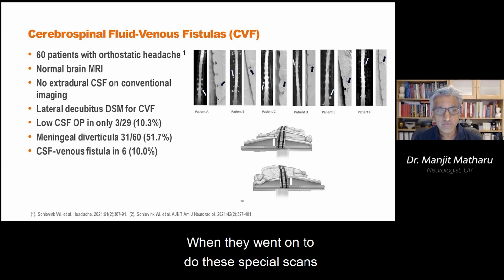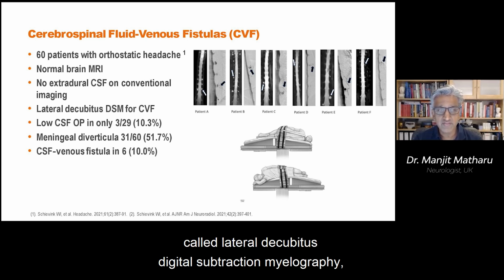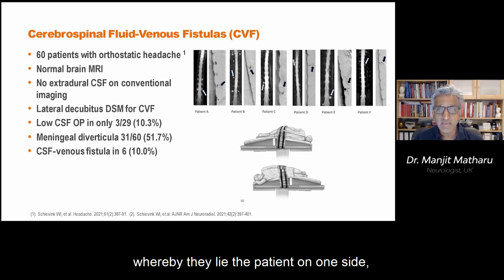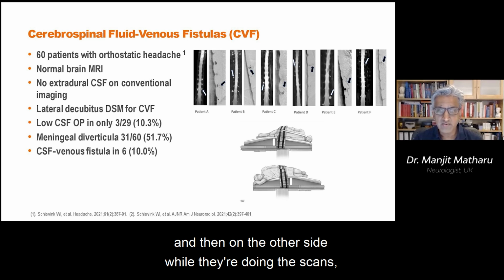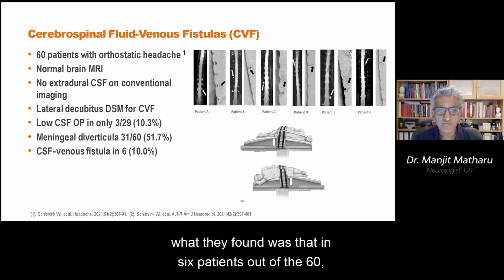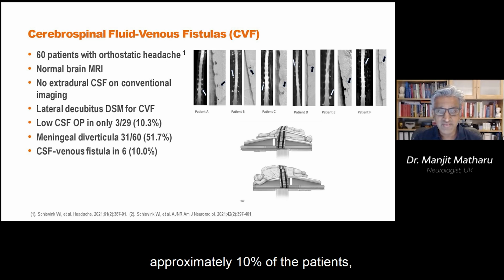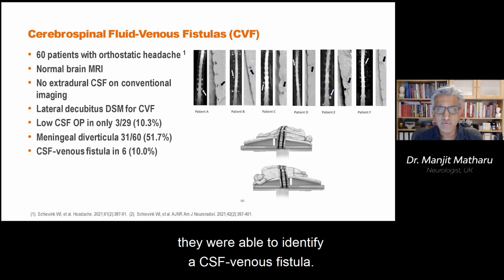When they went on to do these special scans called lateral decubitus digital subtraction myelography, whereby they lie the patient on one side and then on the other side while doing the scans, they found that in 6 patients out of the 60, approximately 10%, they were able to identify a CSF venous fistula.